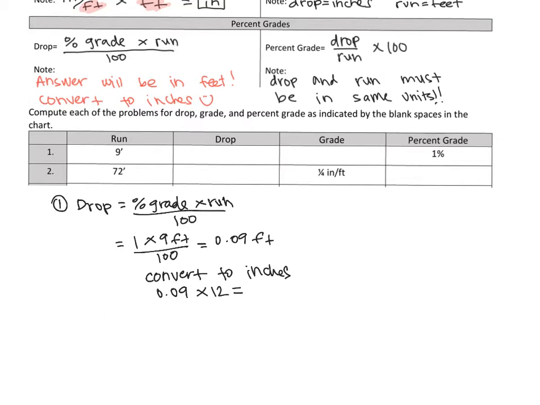The reason we multiply by 12 is because there are 12 inches in a foot. So this would equal 1.08 inches, which I believe is like 1 1/16. So up in my table, 1.08 inches, or 1 1/16, whatever way you read it. Okay, now to find the grade, we know that grade equals the drop divided by our run.